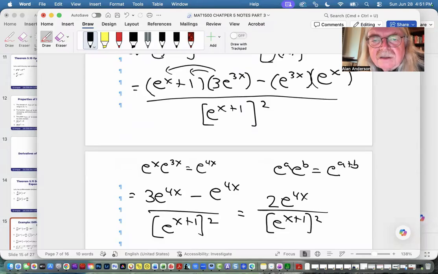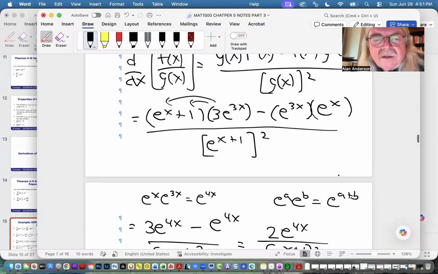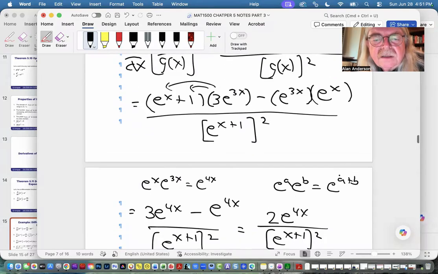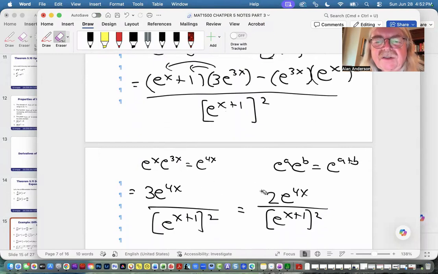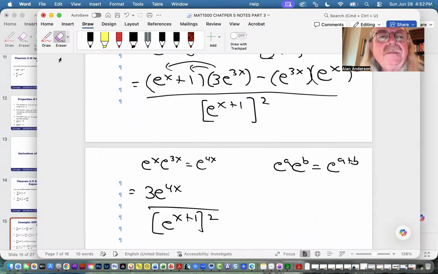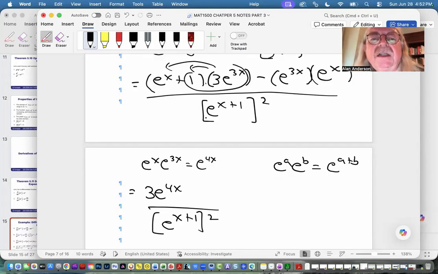Hold on a second. I've got 3e to the 4x. Oh, you know what I did? I left one of them out. Okay, hold on one second. I just noticed it now. Let's fix this. Yes, there's a term missing here, because when these go together, you get 3e to the 4x, but I forgot about this part here. There you go. And then over here we have e to the 4x.